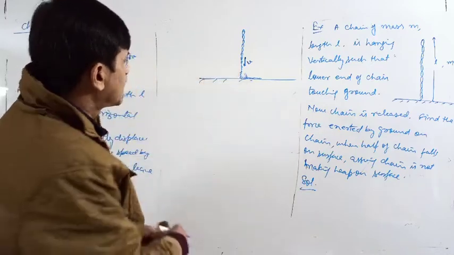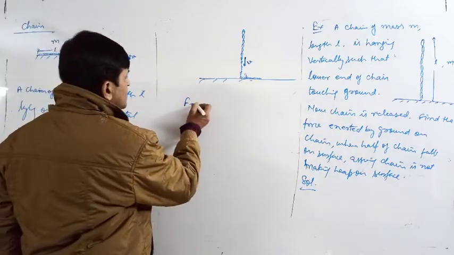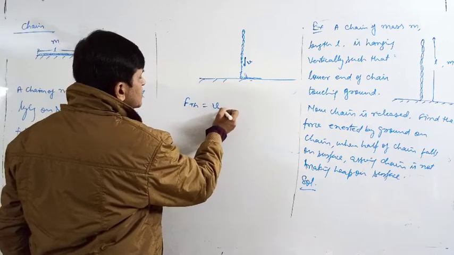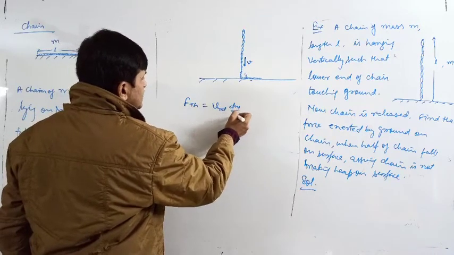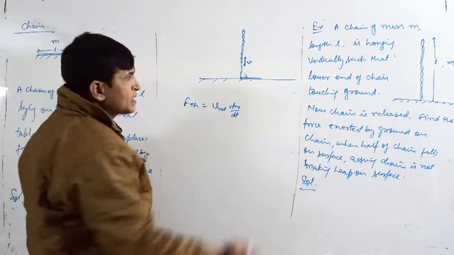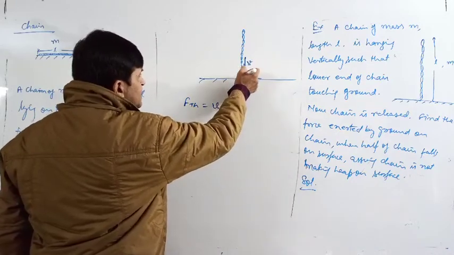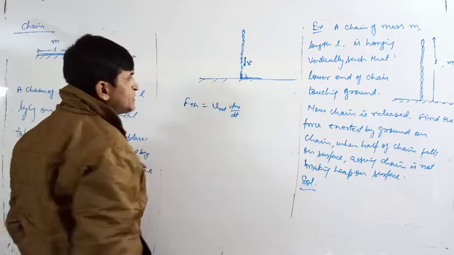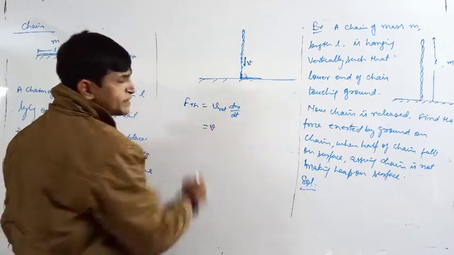See here how to calculate the thrust force. Same thrust force: v relative times dm by dt. This part of the chain has 0 velocity, and this part is coming with velocity v. Relative velocity is v.